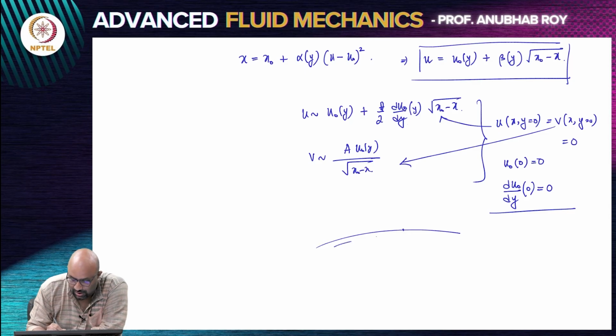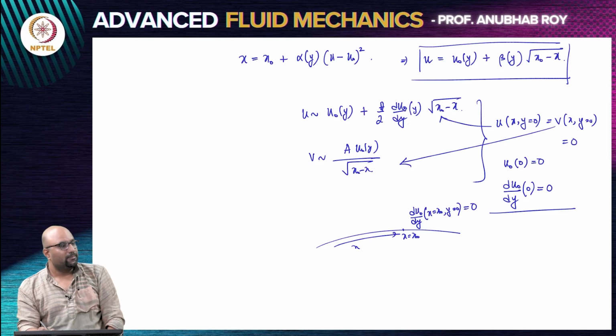So, if I measure along this x, the flow is decelerating, and there is a point at the surface x equals x naught where your shear stress goes to 0, and that is where the flow stops being attached to the surface.